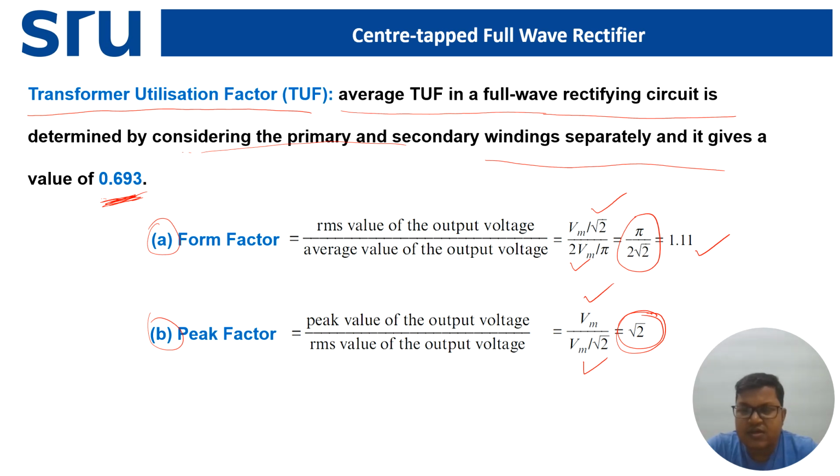So it is easily understandable that the efficiency will just be doubled for the full wave rectifier because both the halves are being rectified in the case of full wave rectifier.